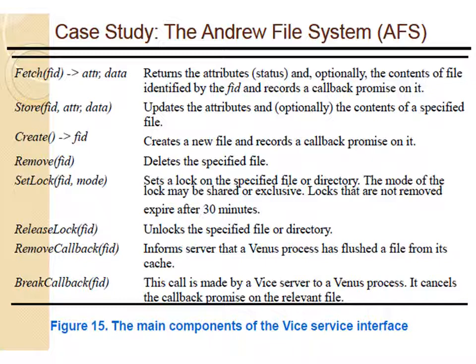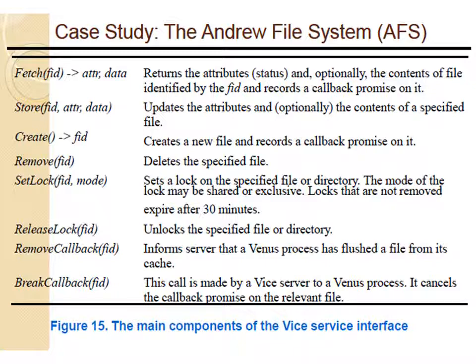It returns the attributes and optionally the contents of the file identified by the file ID and records a callback promise on it. The second one, store, has three parameters, that is file ID, attribute and data. It updates the attributes and the contents of a specified file.